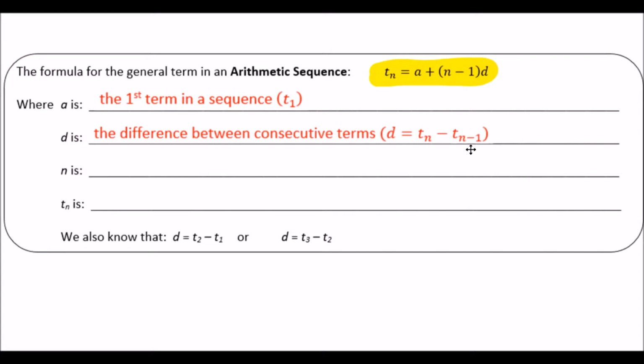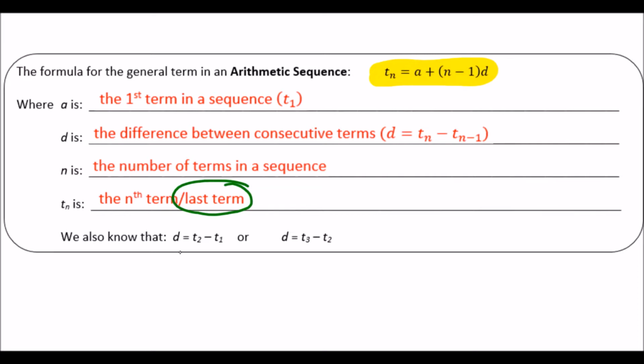So you can see that it's always the bigger term minus the smaller term, not necessarily value-wise, but the second term minus the first term always, just like first differences in grade 9. n is the number of terms in a sequence, and finally t subscript n is the nth term, or sometimes we can use this as the last term.